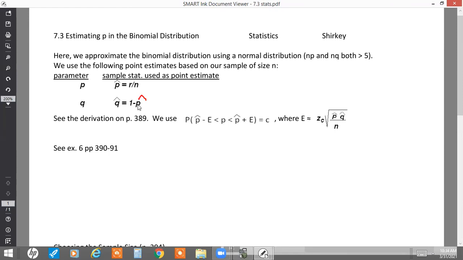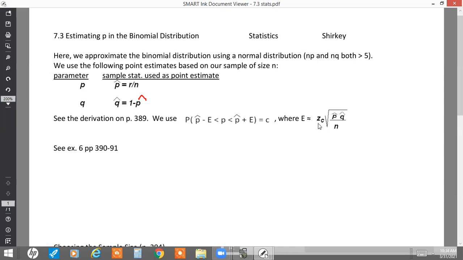Another typo. And so the error for this, and notice this is a z distribution, if np and nq are both greater than 5, which in the problems you have assigned they are, then it is a normal distribution. So you can use a z distribution instead of having to use a t distribution.